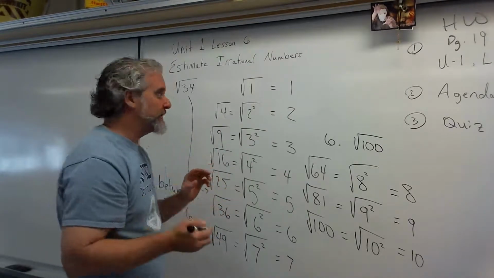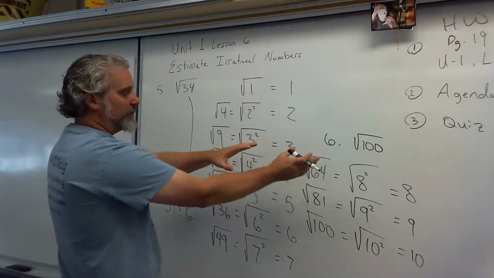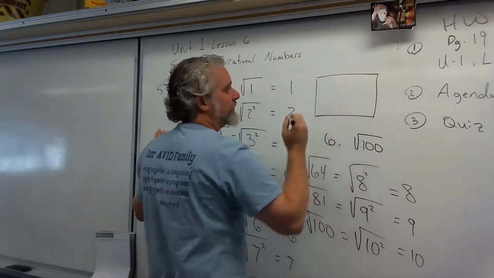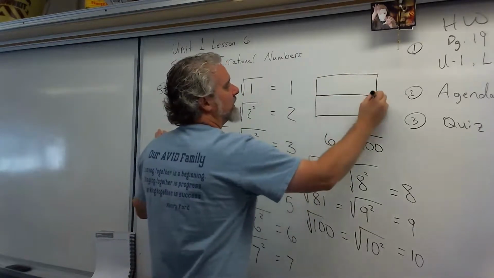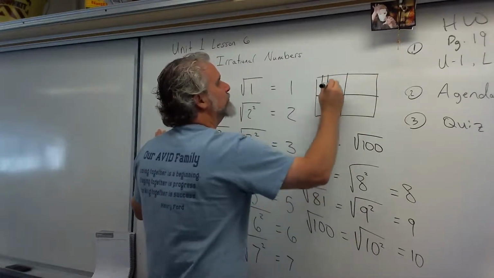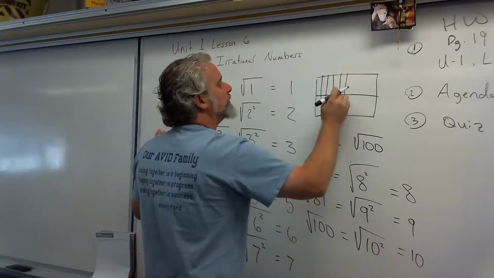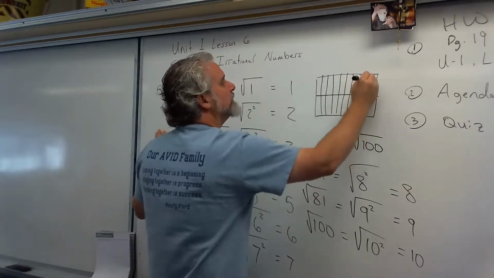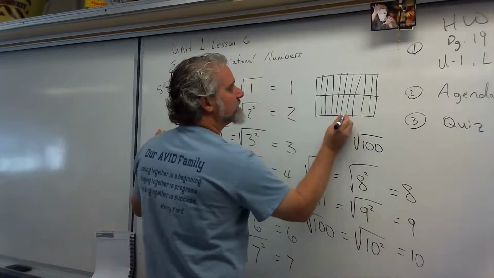a perfect square. But in this case, with the square root of 100, you could draw yourself your square. Cut it in half, cut it in half. 1, 2, 3, 4, 5. 1, 2, 3, 4, 5.